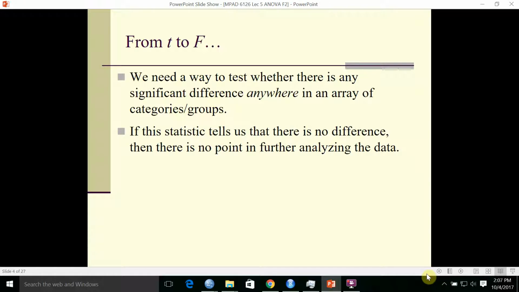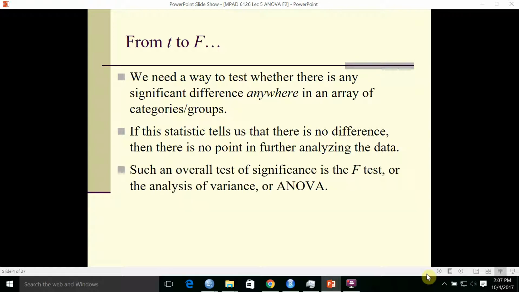So when we go from T to F, we need a way to test whether there is any significant difference anywhere in that array of categories. If this statistic tells us there's no difference, then really there's no point in further analyzing the data. And that test that we'll run tonight is the ANOVA.